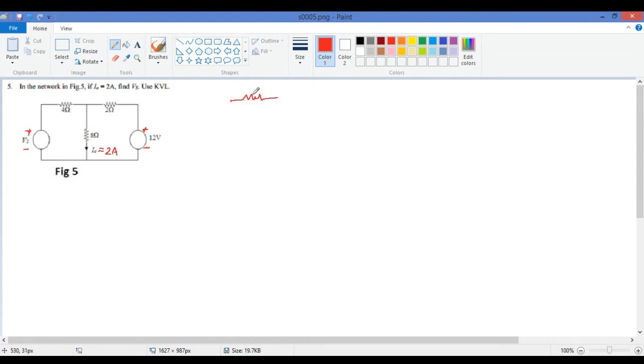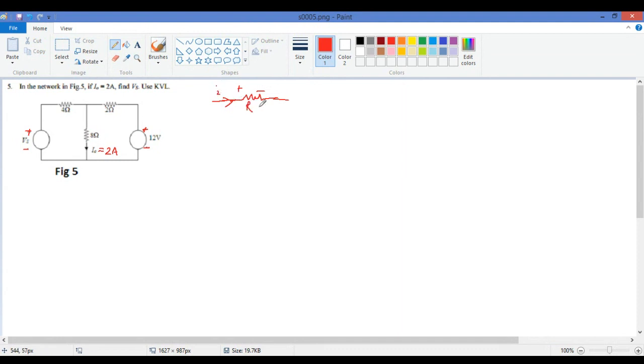If you have any element with this polarity, current flows in passive elements from the positive polarity to the negative polarity. So this is the current flowing in resistance R.